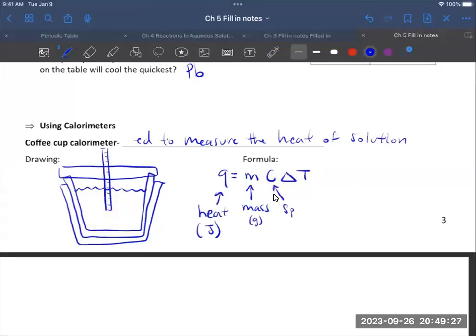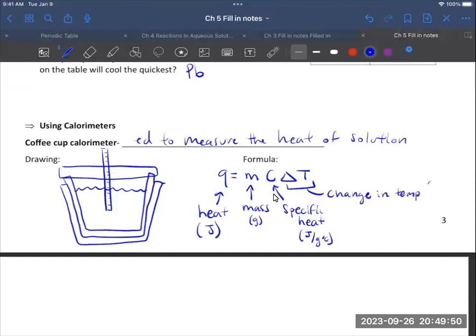C is the specific heat of the substances involved. The specific heat units, don't forget, are joules per gram degree Celsius. And then delta T, do you guys remember what the Greek letter delta means? This triangle? It means change in. So delta T means change in temperature.